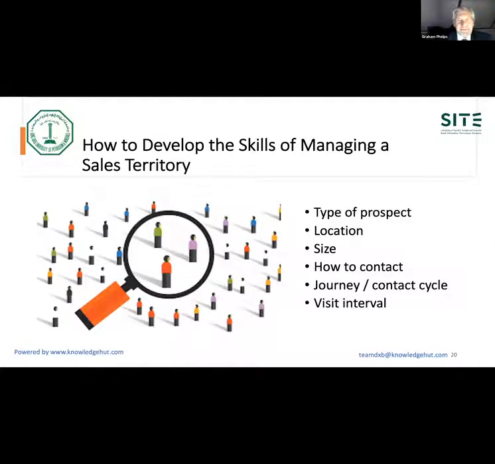So basically, dentists. And in your local area, let's say there's 600 dentists. Now, your territory plan would be to calculate a model of how you could call on, visit, or phone all of those contacts, all of those dentists in a 3 or 4 month period.